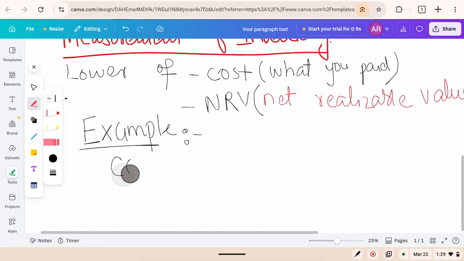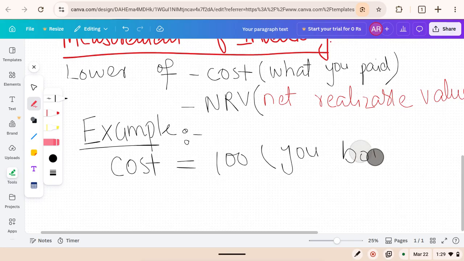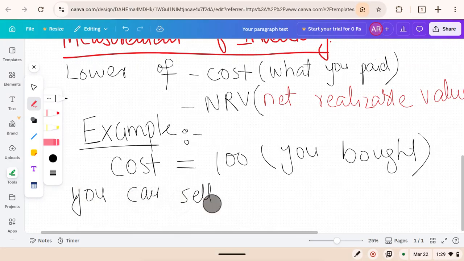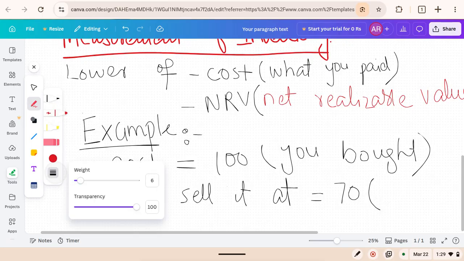It means cost is 100. You can sell it for 120 by bearing an expense of 50, so you can sell it at 70. Then this 70 is said to be the NRV.